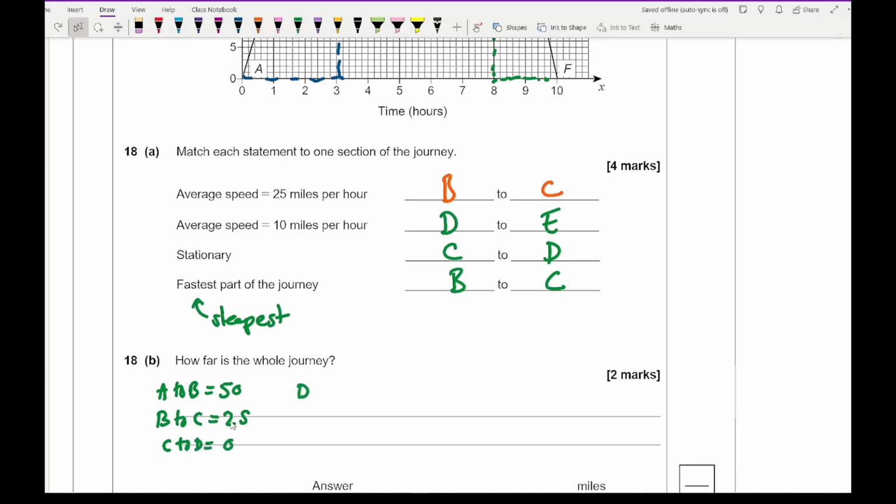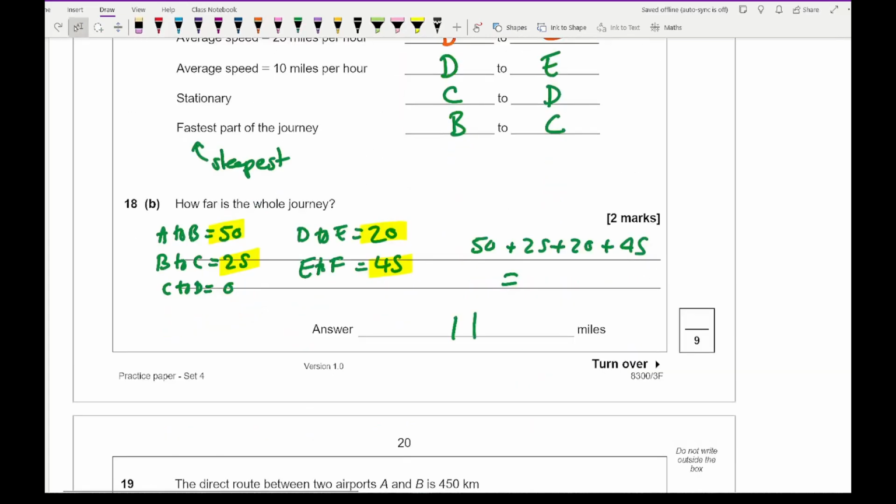Then D to E is equal to 20, and E to F is 45. If I add up each of those amounts, I've got 50 plus 25 plus 20 plus 45 gives me a total mileage of 140.